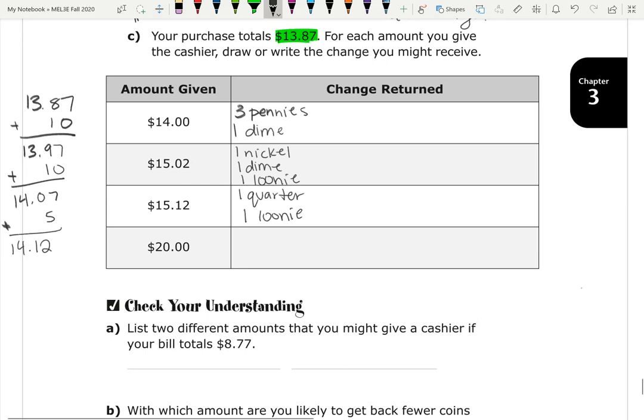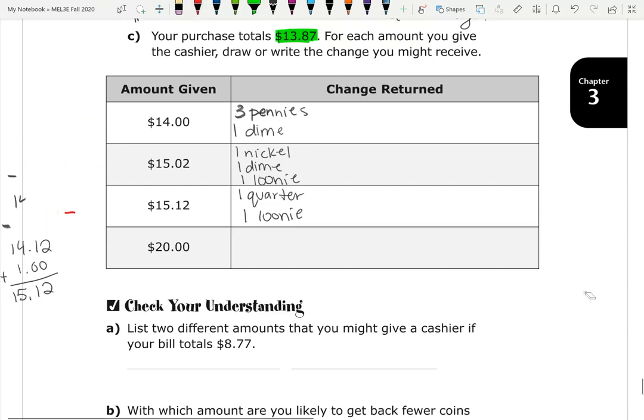And then we added $1 to get you to 15.12. So this 10 cents, this 10 cents, this 5 cents, that is 25 cents. So this customer doesn't want you to return to them nickels and dimes. They want 1 quarter. And then a loonie on top of that.